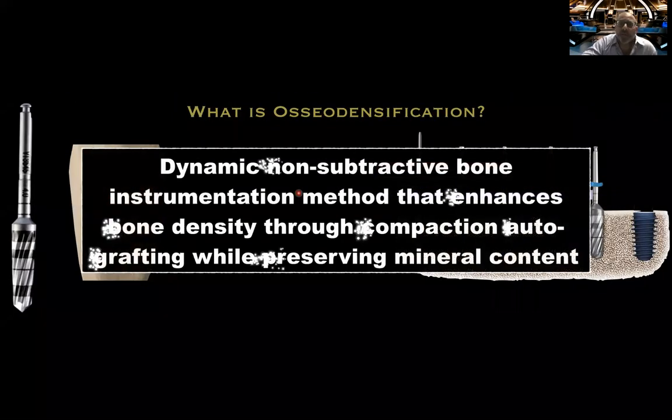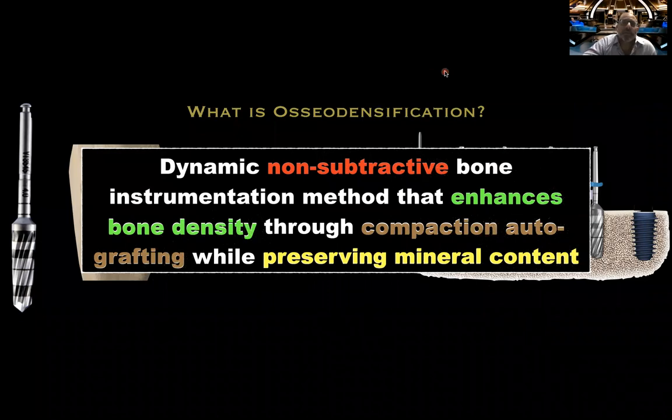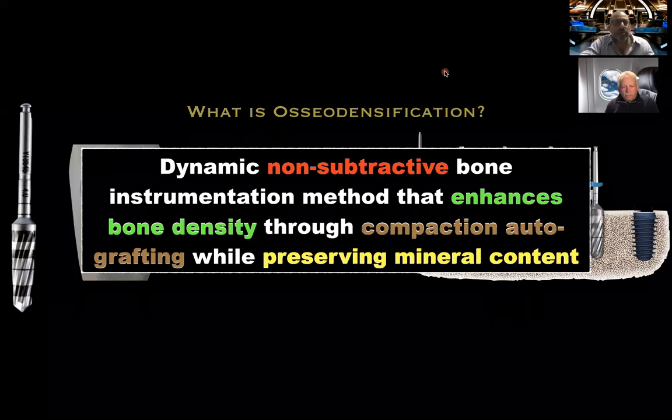So the term osseodensification, I think, is quite important to understand. This is a dynamic non-subtractive bone instrumentation method, meaning we are not extraction drilling. We are drilling in reverse to use autocompaction. So it's important to note that with autocompaction, we need to have good viable bone.